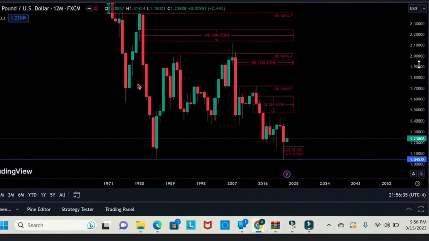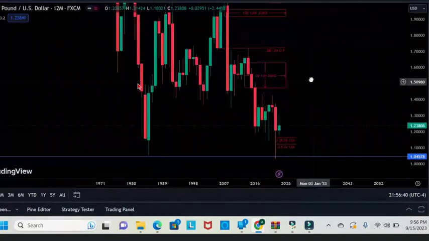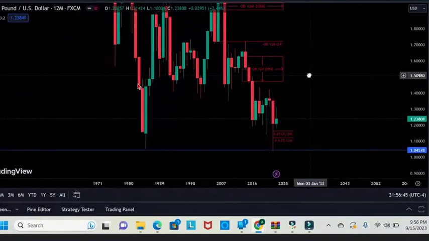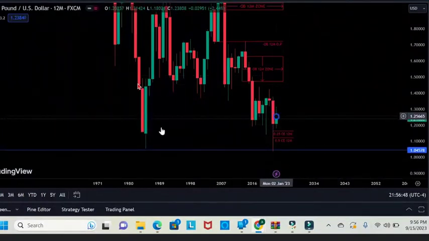So go ahead and mark up the bullish order block. Go ahead and mark up that zone. Mark up the zone and then mark up mean threshold.